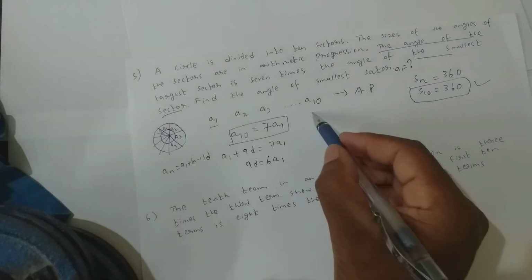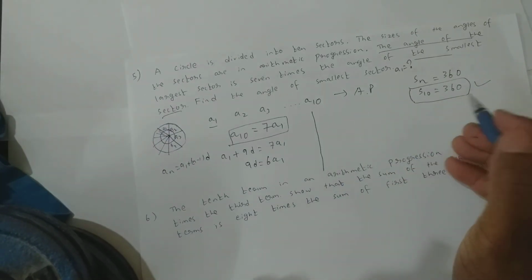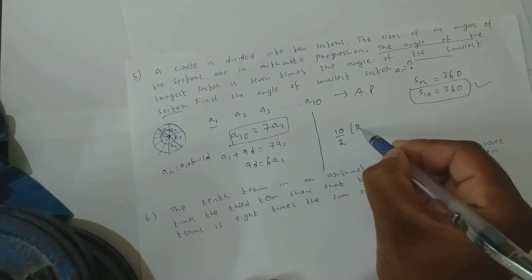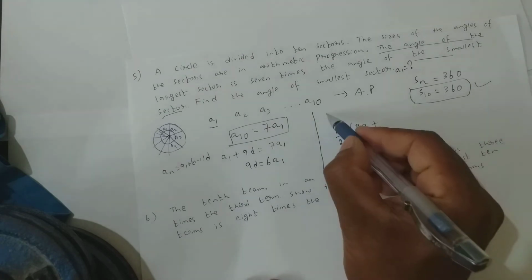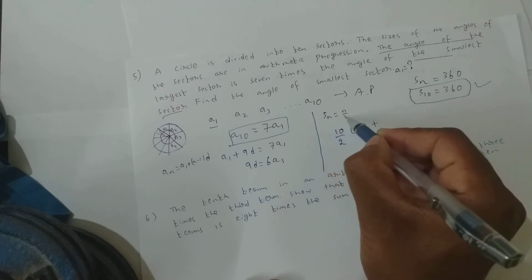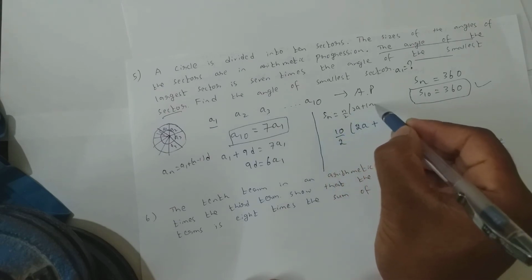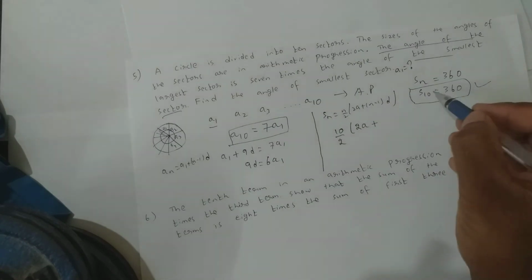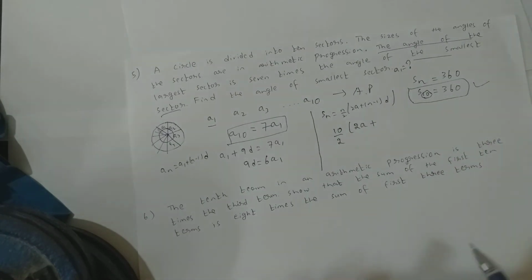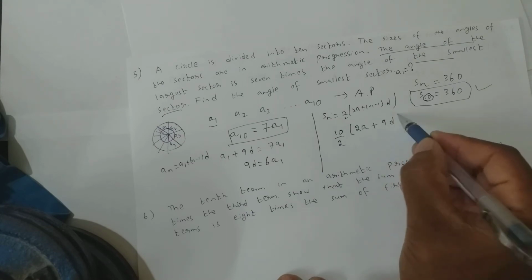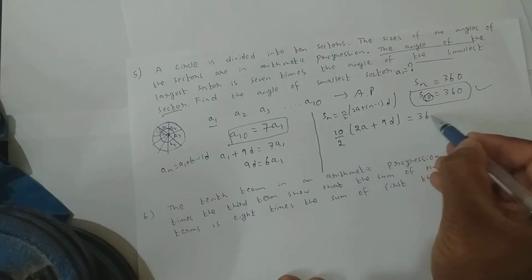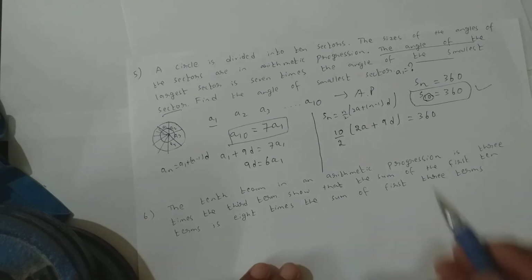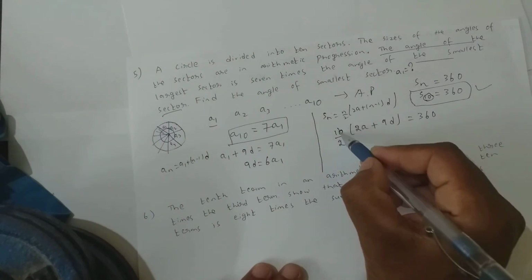Clear? Okay. Now put in the S10 formula. Let me write Sn = n by 2 into (2A + (n minus 1) into D). In place of n, put 10. So (10 by 2) into (2A + 9D) equals 360. Now I can cancel out the 0s.